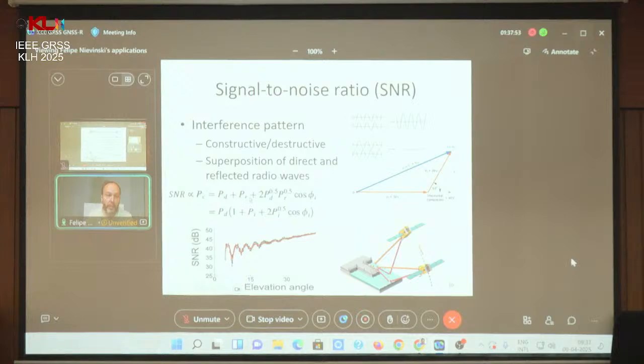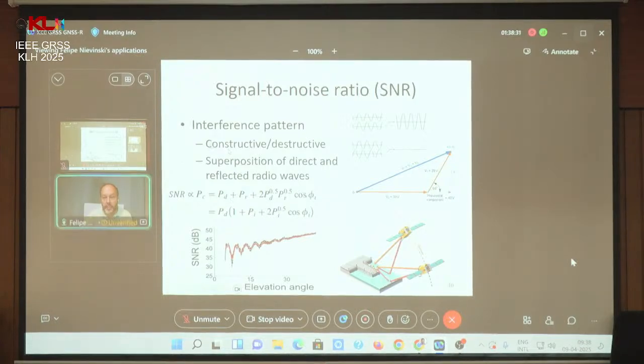The reflected power is a function also of the antenna, but strongly by the composition of the reflecting surface. So it's made of metal or water or soil, and not only the material composition, but also the small scale geometrical characteristics, so the roughness.